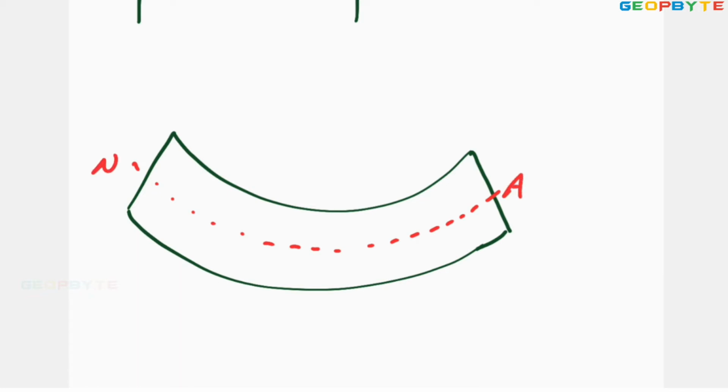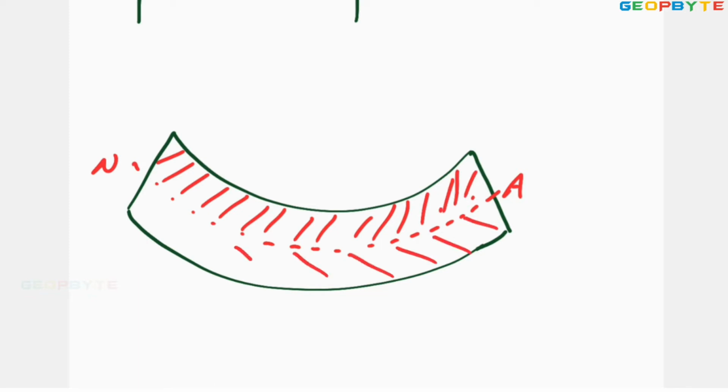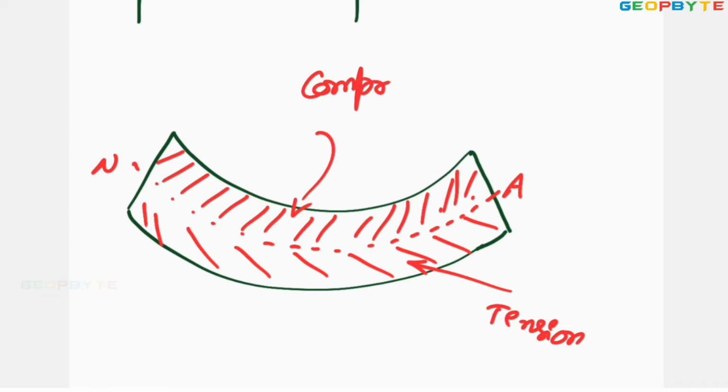Look at the beam. All the fibers which are above the neutral axis are compressing, and all the fibers below the neutral axis are extending. Therefore, tensile force or tension is developed in the lower layers. Compressive force is developed in the top layers. It is asked where we are finding the maximum compressive stress.